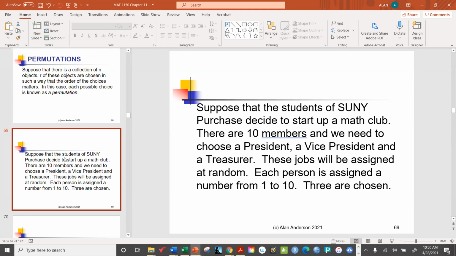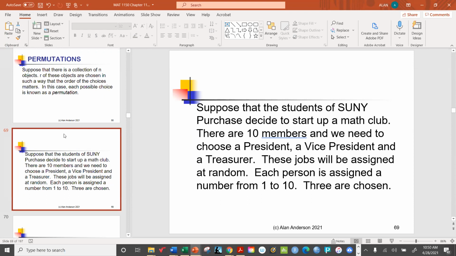Let's say that's one of the requirements, that in order to have a club, you must have a president, a vice president, and a treasurer. Now, nobody wants to volunteer for these jobs. They're going to require a lot of work. So let's just say that the faculty advisor assigns each student a number from 1 to 10 and randomly picks 3 of these numbers to fill these 3 jobs.